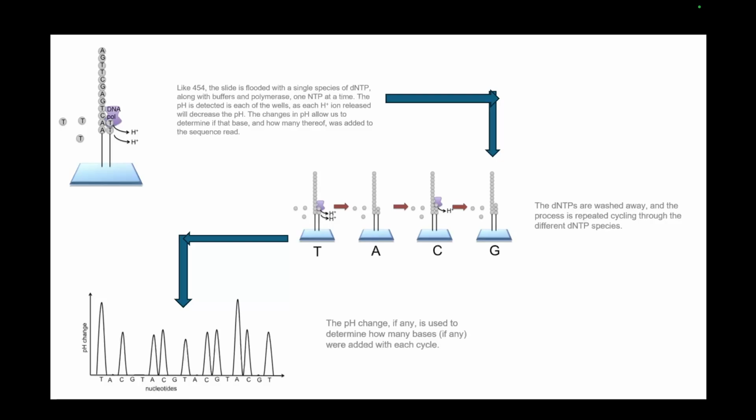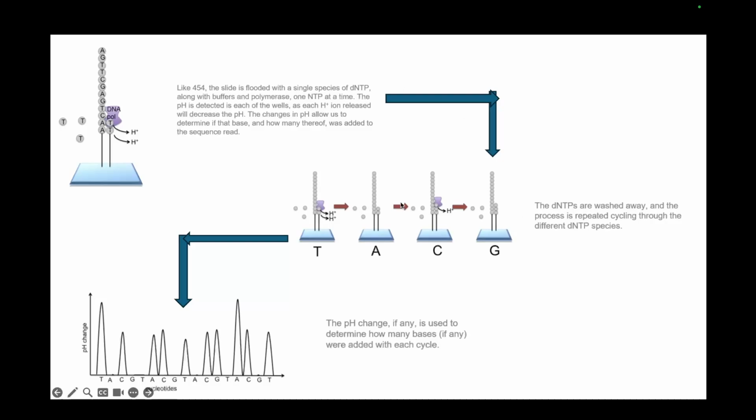The polymerase will add one dNTP at a time, and after addition there will be a release of a hydrogen ion, which will change the pH inside these wells. This change in pH is detected by the sequencing machine, and how much the pH has changed will determine which base has been added, right?